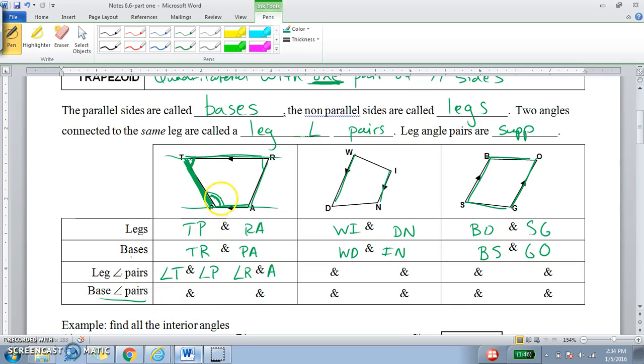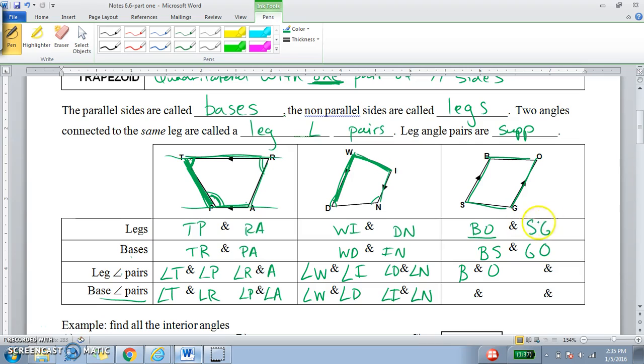That would mean that the base angle pairs, so the ones touching the same base, would be T and R, and then P and A. Over here, leg angle pairs, so one touching the same leg, so the leg right here is WI, so it's going to be angle W, angle I, and then the other pair is going to be angle D and angle N. Base angle pairs, so touching the same base, here this base is WD, so those angles, W and D, and then I and N. Here, I'm just going to write the letters instead of using the angle mark also, so the leg pairs, this leg is BO, so angle B and angle O, S and G, and then angle B, angle S, angle G, and angle O for the base angle pairs.